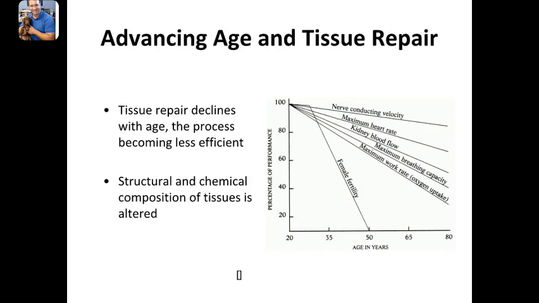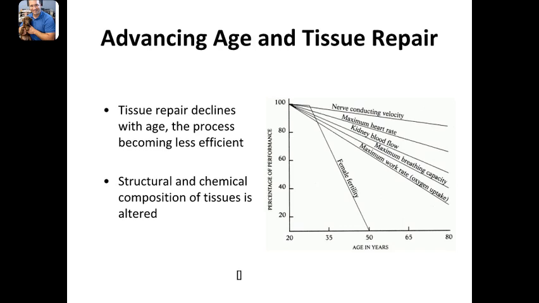What I'd like you to take away from this slide is that with advancing age, we lose our ability to repair tissues. We retain it to some degree, but as you can see, your nerves don't transmit messages as quickly. Your heart rate is unable to reach its maximum capabilities.